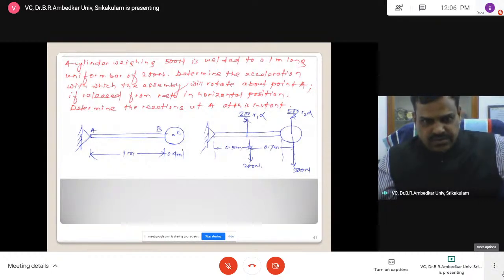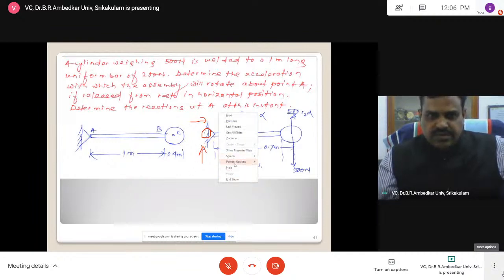This is the tangential force when it is in rotation. That is the data given to you. Determine the reactions at A. This is a pin joint. Find out the vertical reaction and the horizontal reaction. You find out both.